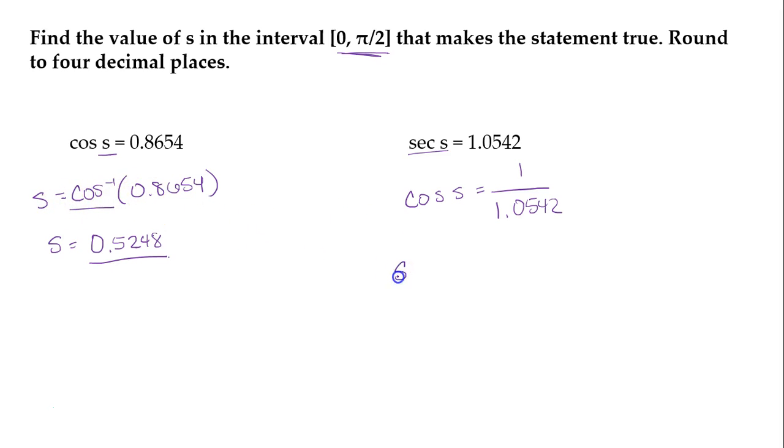Take the cosine inverse to find s. Plug that into your calculator, and that will be your s value. And this is what I got for it. 3. Okay. All right, let's keep on moving.